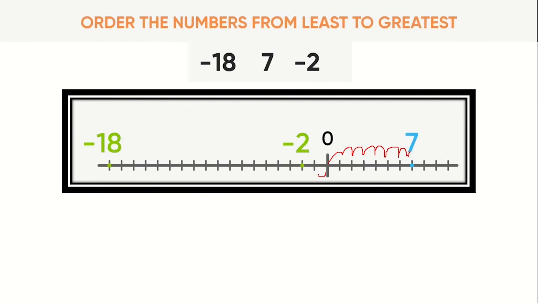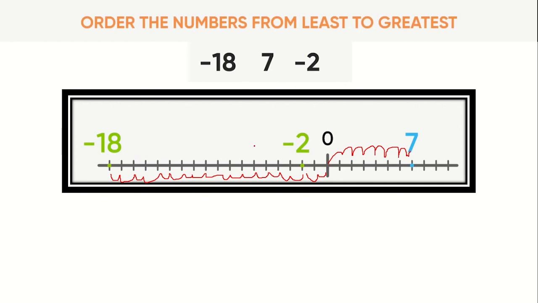So 1, 2. And then to locate negative 18, we just have to count 18 times going to the left. 2, 3, 4, 5, 6, 7, 8, 9, 10, 11, 12, 13, 14, 15, 16, 17, 18. So negative 18 is here.